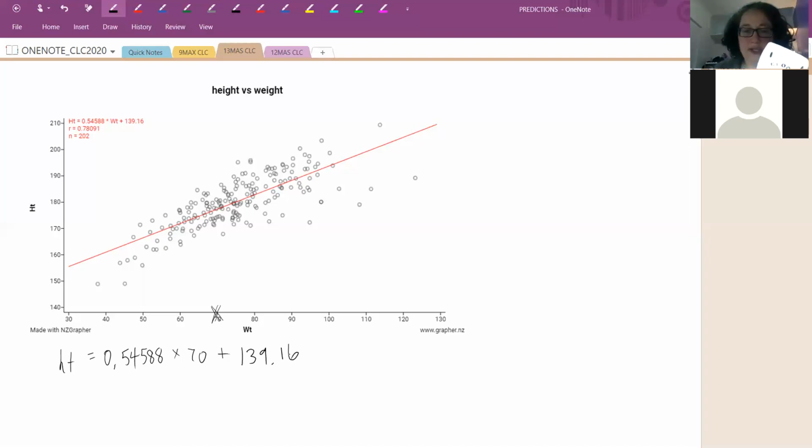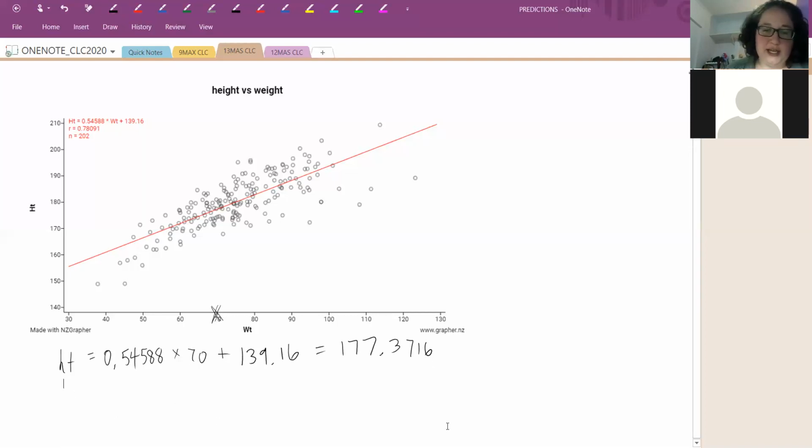I'll just do that quickly. So 0.54588 times 70 plus 139.16 gives me 177.3716. Okay, so what I would do is I would actually say what that means.